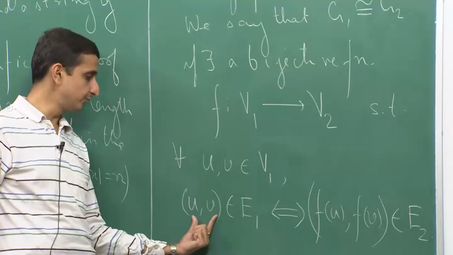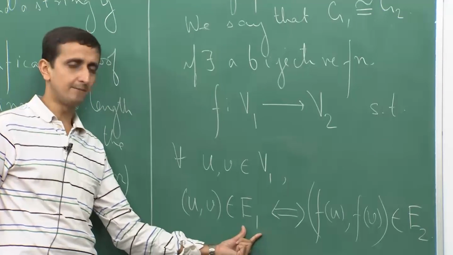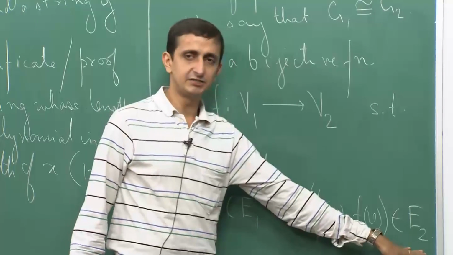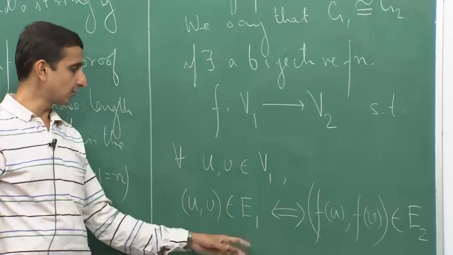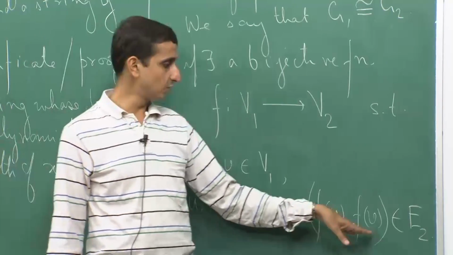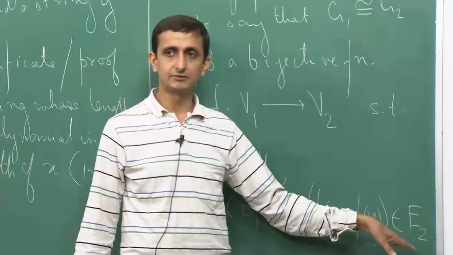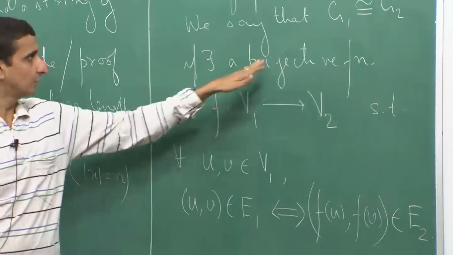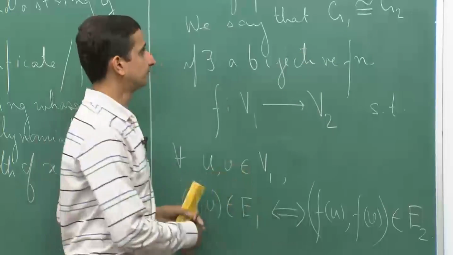So, if a pair (u, v) forms an edge in G1, then the mapped pair (f(u), f(v)) is an edge in G2, and if (u, v) is not an edge, then (f(u), f(v)) also should not be an edge. So, this is what it means to say that two graphs are isomorphic.